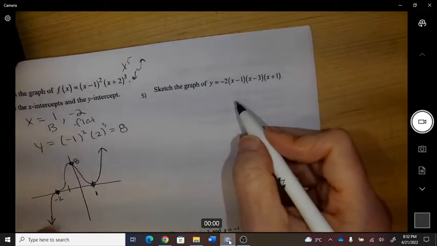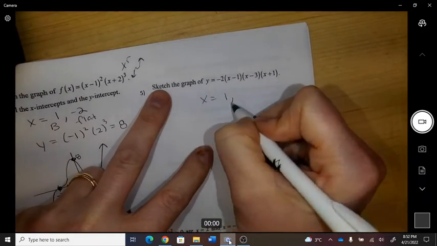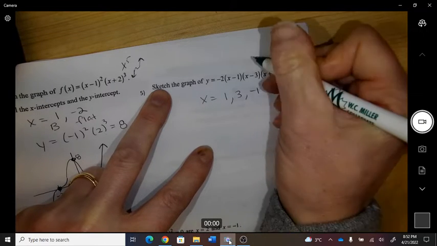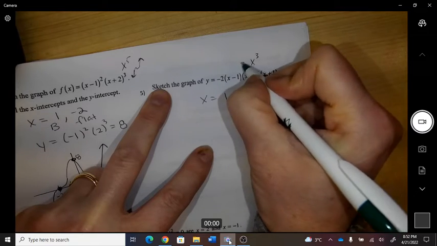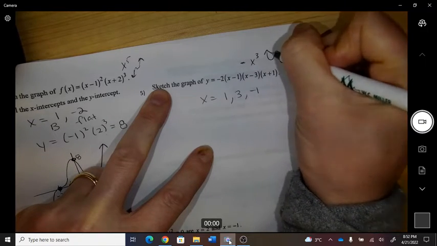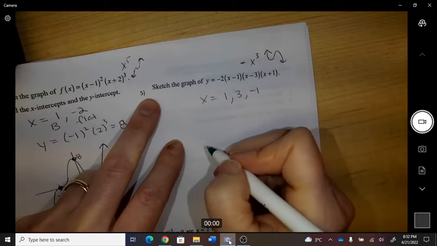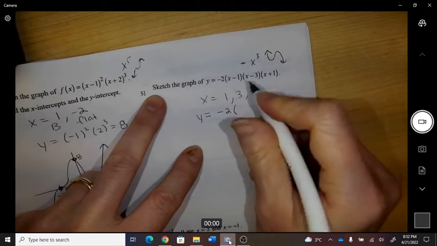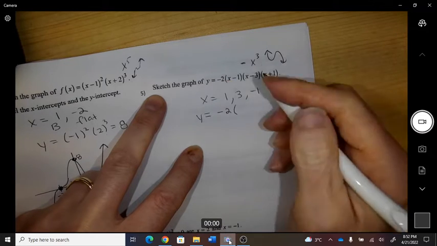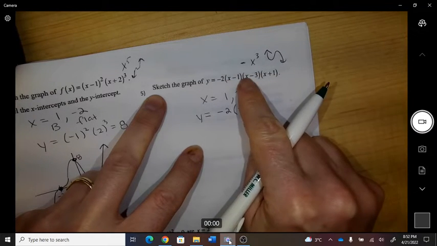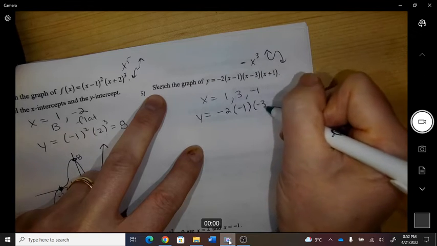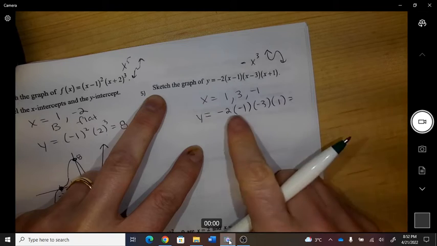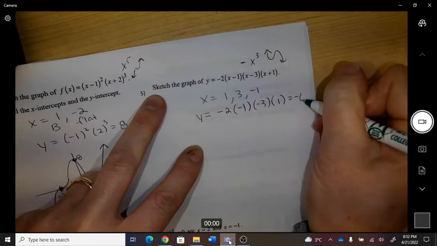By sketching this graph, the x-intercepts are 1, 3, and -1. 1, 2, 3, and this is a negative, so my general shape will look like that. The y-intercept is -2 times a 0 right there would make the bracket -1, 0 minus 3, 0 plus 1 equals -6.